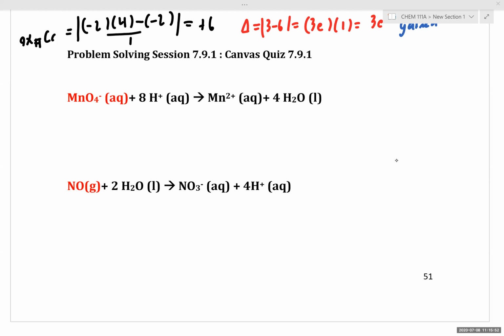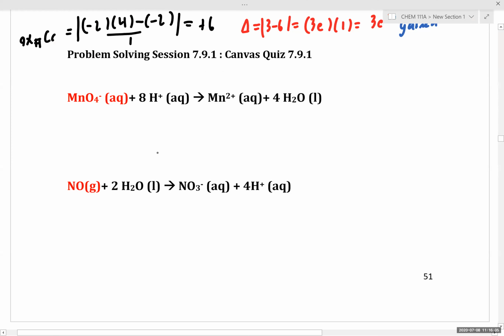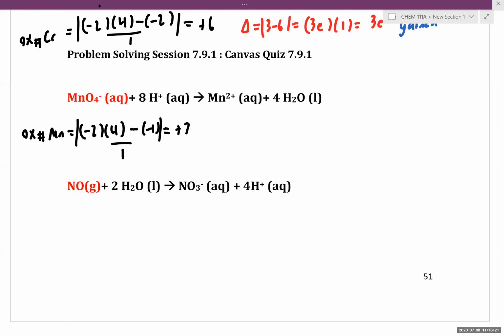Okay, so let's discuss this example. First and foremost, in permanganate, the oxidation number of manganese is equal to the oxidation number of oxygen times the number of oxygen atoms minus the total charge over the number of manganese atoms, which gives us an oxidation number of +7.